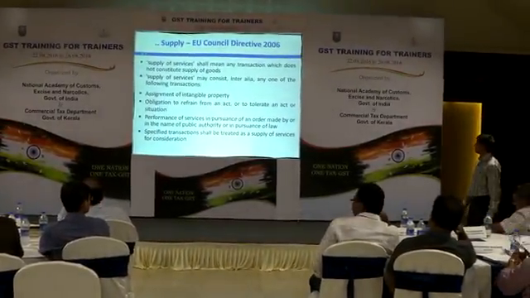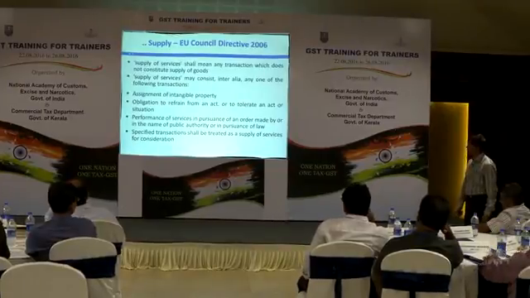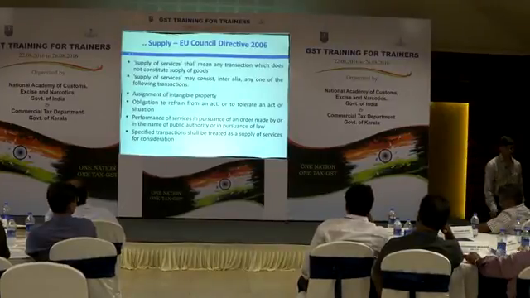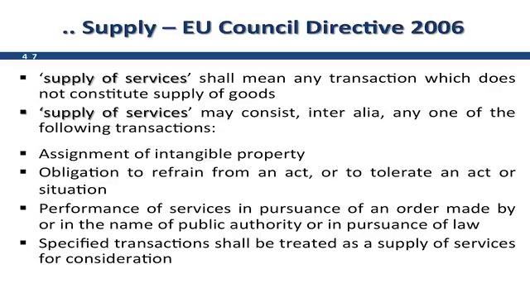Supply of services may consist inter alia of any one of the following transactions: assignment of intangible property, obligation to refrain from an act or to tolerate an act or situation, performance of services in pursuance of an order made by or in the name of a public authority or in pursuance of law. Specified transactions shall be treated as supply of services for consideration.